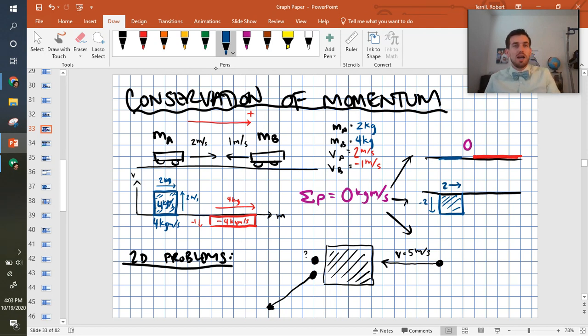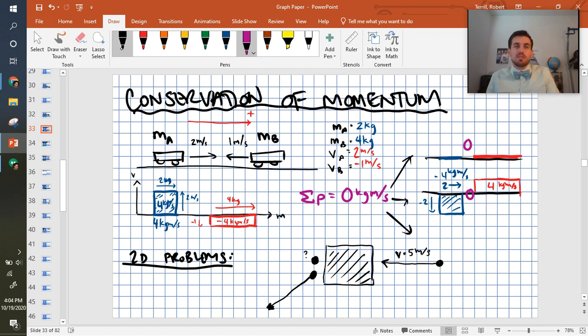And then mass B does something like this, where it now bounces off going the other direction with 4 kilogram meters per second, going in the positive direction versus the -4 kilogram meters per second in that direction. That still has a total momentum of 0, so it still works from a momentum perspective.